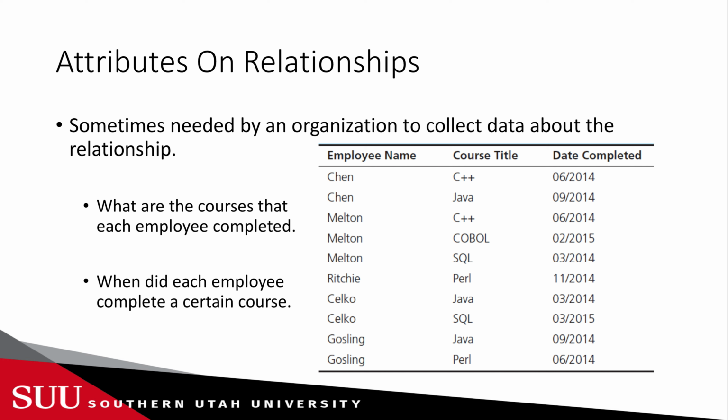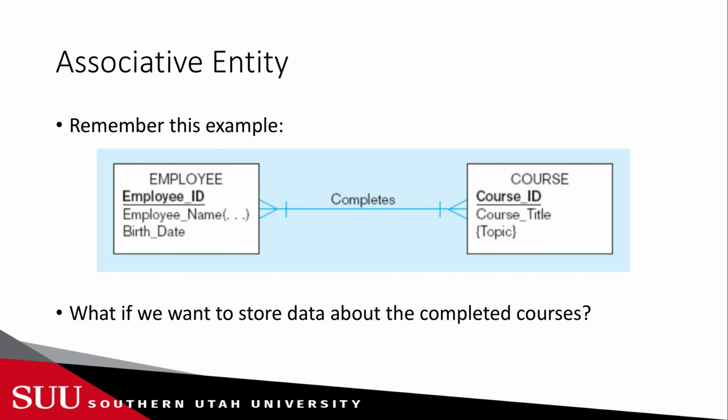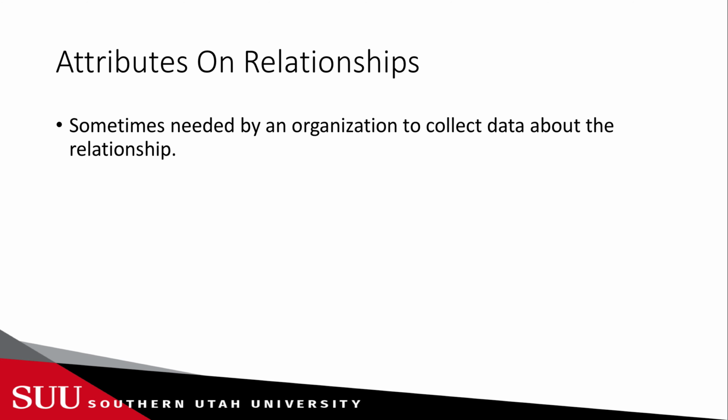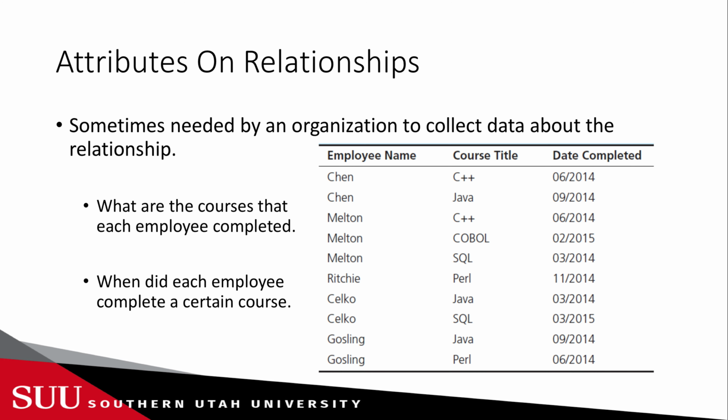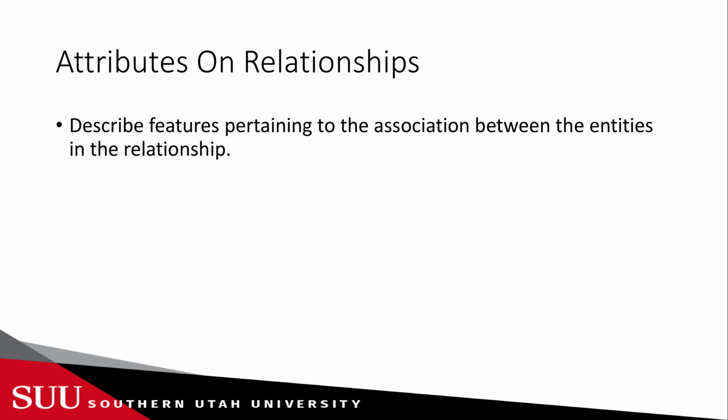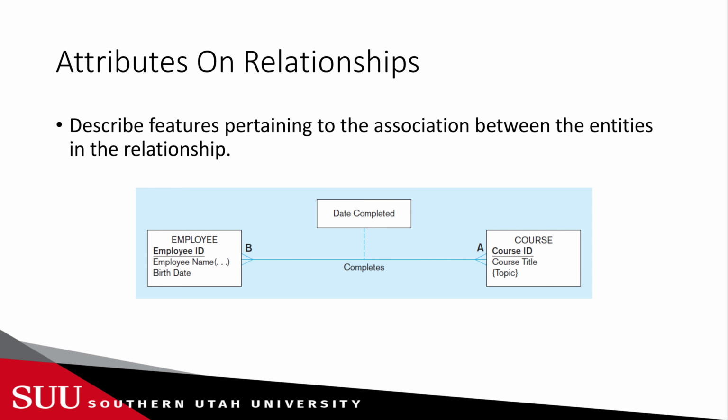Now, if we look back at what we had, we don't have anything that tells us about a date of completion. The only date I have is the birth date for the employee, which has nothing to do with the course completion date. So in this case, we will have what we call attributes on a relationship. So this will describe the features that are specific to the association between the entities in the relationship.